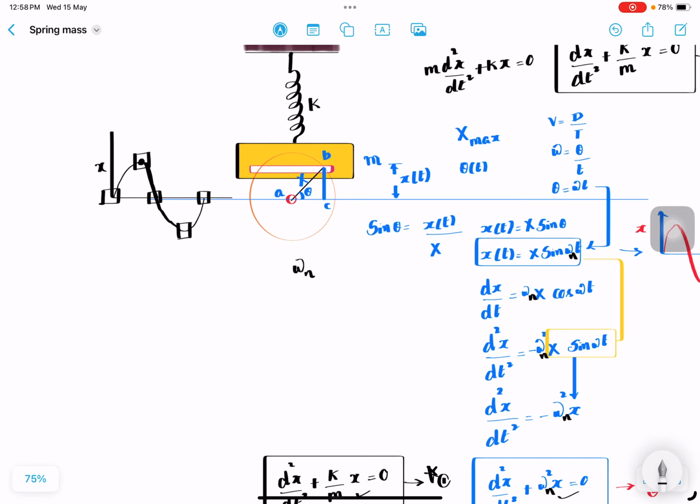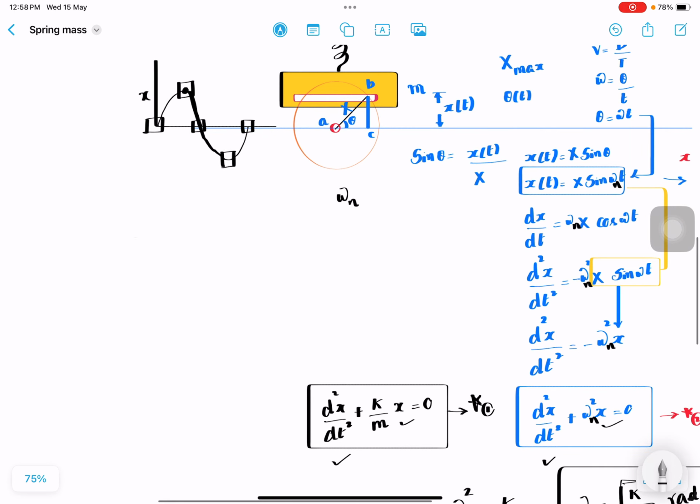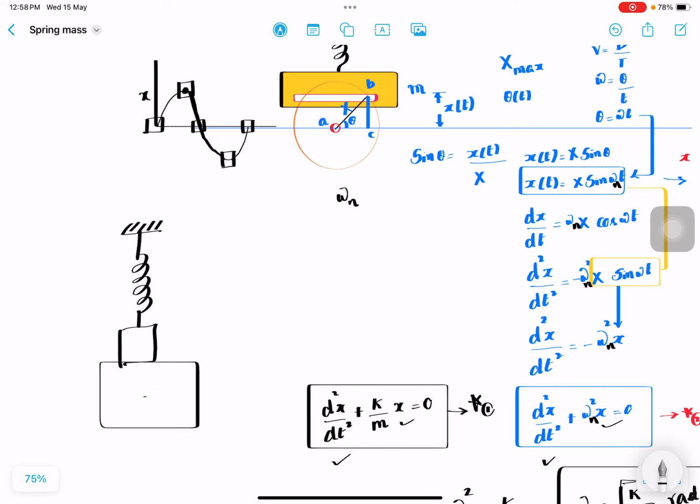Suppose you have a spring mass system. There you can see a spring mass system. And let us say that there is a motor connected here with an eccentric mass, of course. This is the mass, and this is a motor that is spinning.